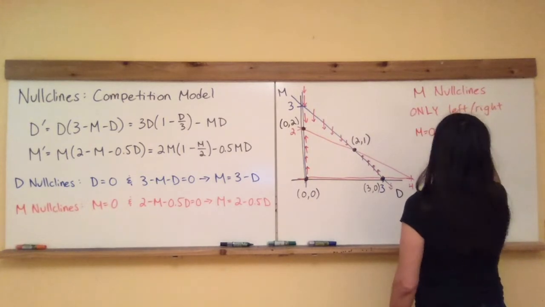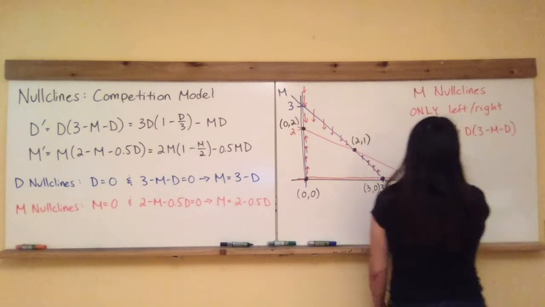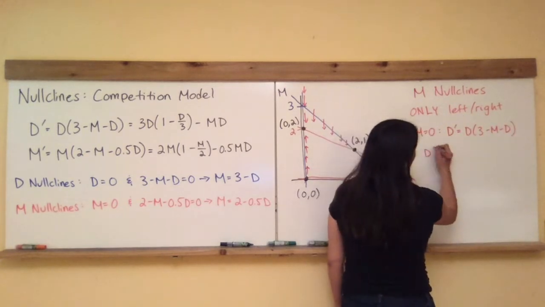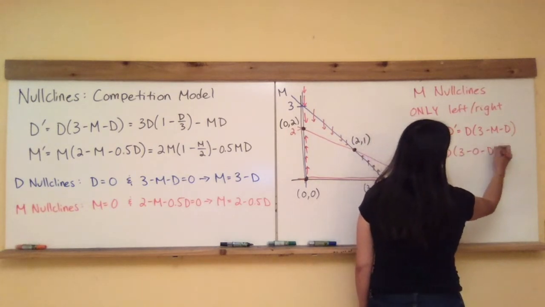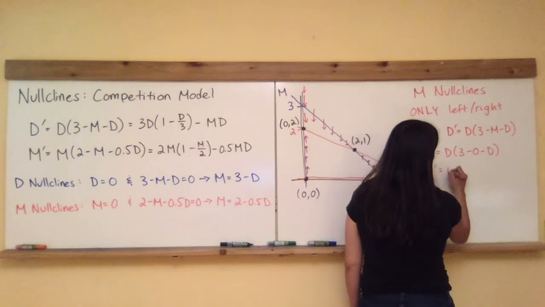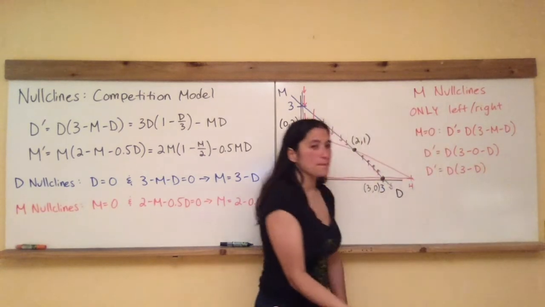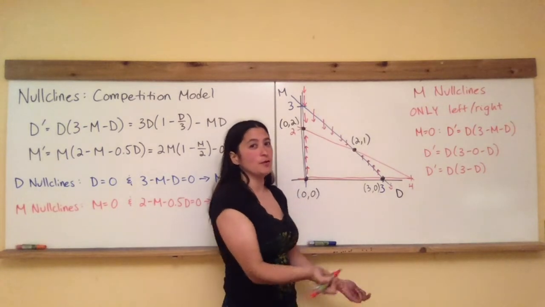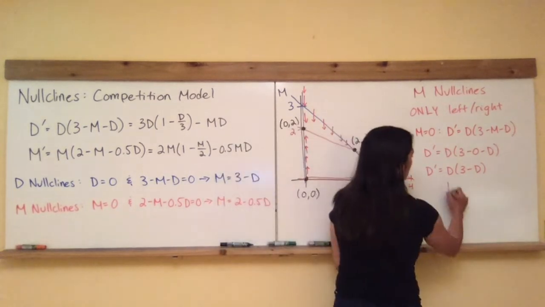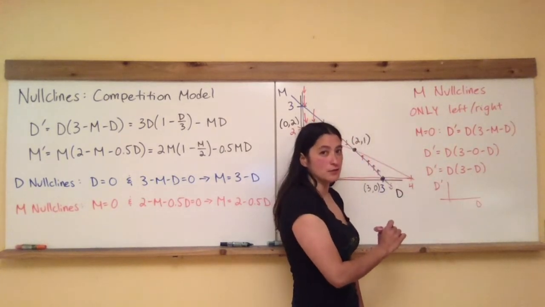D prime is D times 3 minus M minus D. Plugging in the assumption that M is equal to 0 gives me this, which says that D prime is D times 3 minus D. Okay. Well, another down-facing parabola. So if I want to analyze the sign of this, I can do my little trick where I'm asking how D prime depends on D on the M is equal to 0 nullcline.